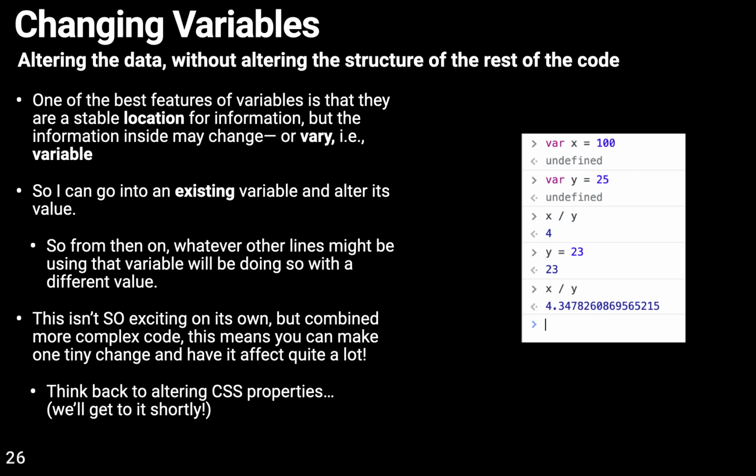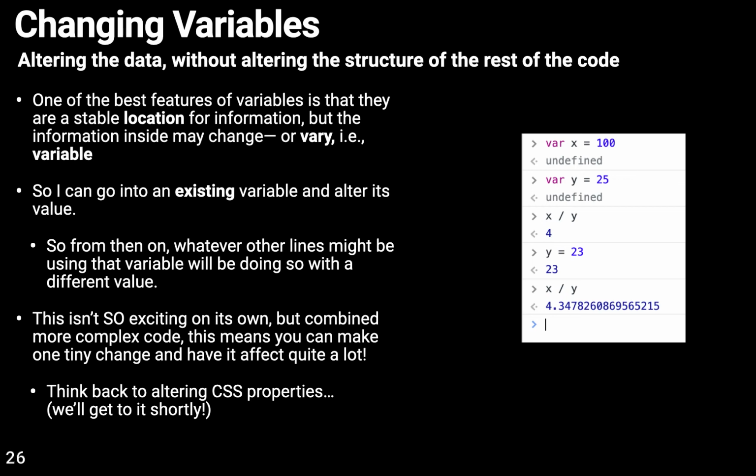Now I'm going to change Y to 23. Note that you don't have to declare the variable again. You've already declared it. It exists. So I can just say Y gets the value 23. And now when I run that same exact X divided by Y, we get a wildly different number. We get 100 divided by 23, which is a super irrational, not rounded number.